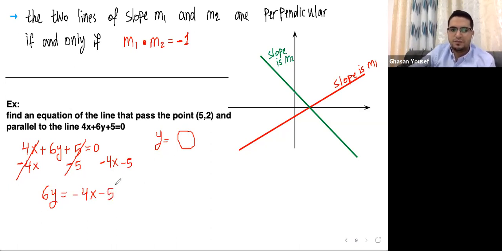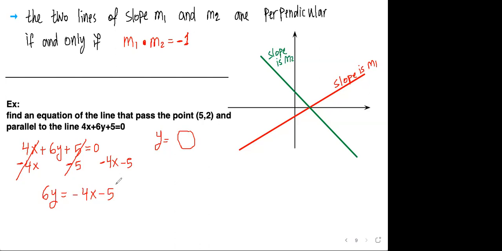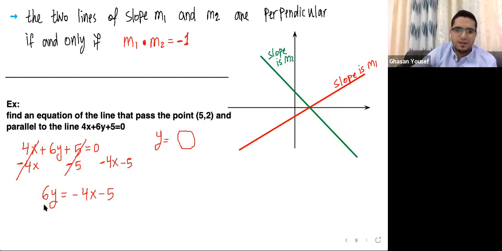Now what do I have to do? Divide by 6. Divide all the sides by 6. This cancels out. So now my equation is y equals minus 4 over 6 x minus 5 over 6.